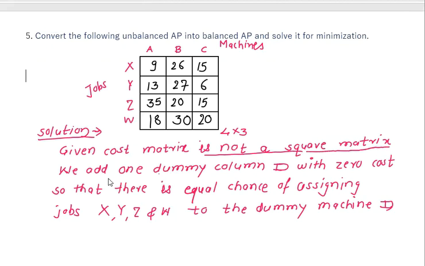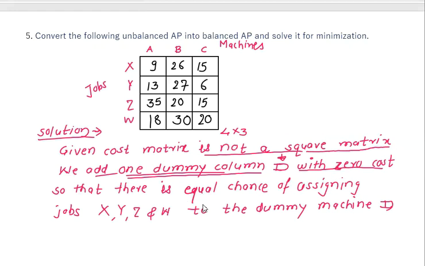So what we do? There are 4 rows, 3 columns. We want 4 rows and 4 columns. So we add one dummy column D, with zero cost of assignment. Why zero cost?